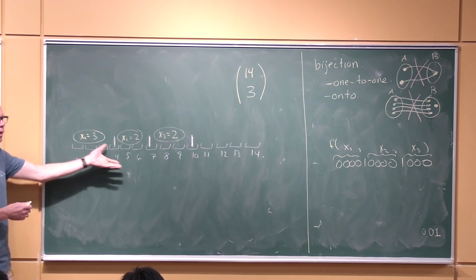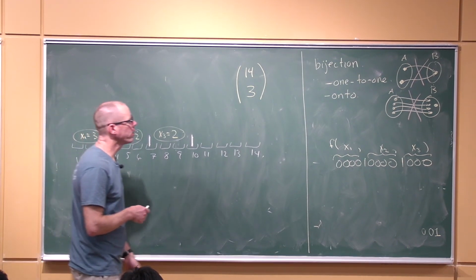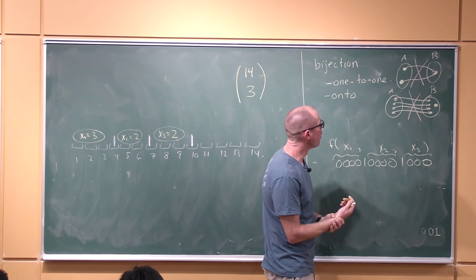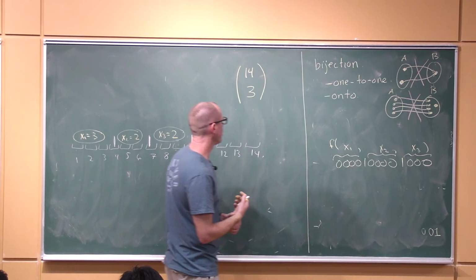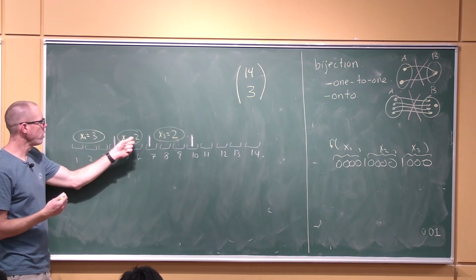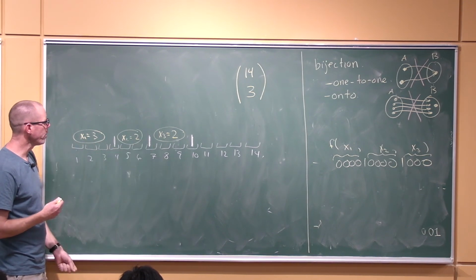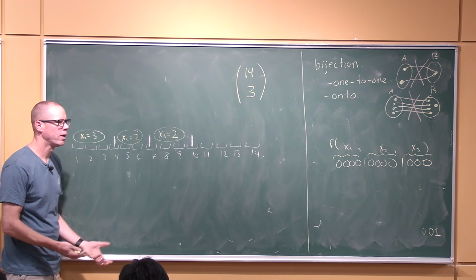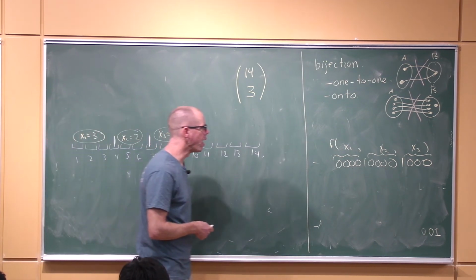Carefully check that indeed that gives you what you want, and check that it's 1 to 1, that you don't have 2 different triples, x1, x2, x3, and y1, y2, y3, that give you the same string. Again, there's nothing new there.